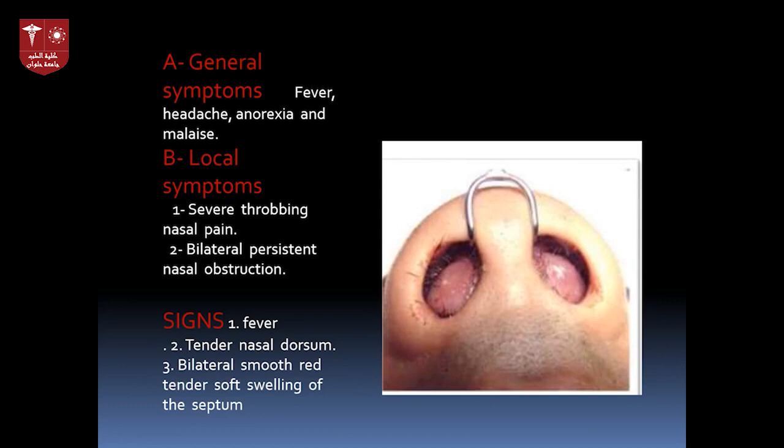The patient has fever, headache, anorexia, malaise, severe throbbing nasal pain and bilateral nasal obstruction, and on examination you find fever, tender nasal dorsum, and bilateral smooth red tender soft swelling of the septum.